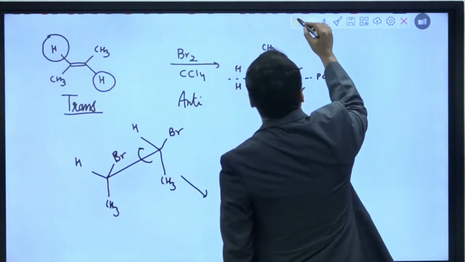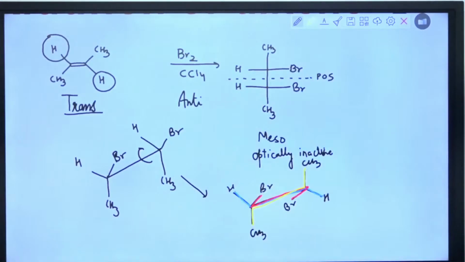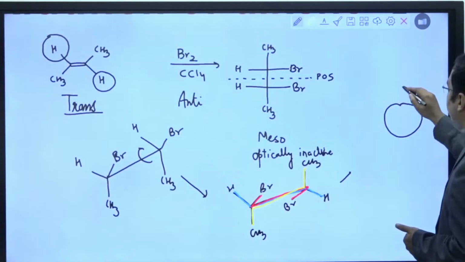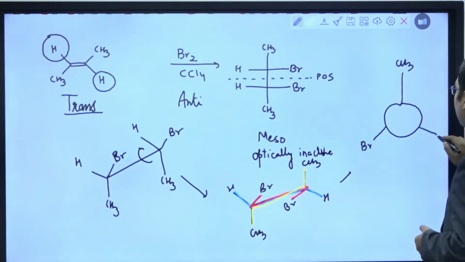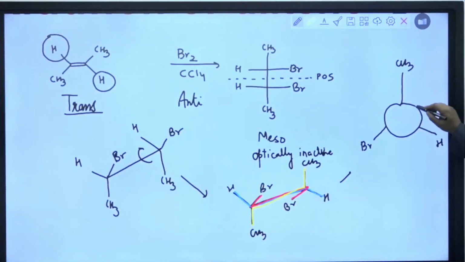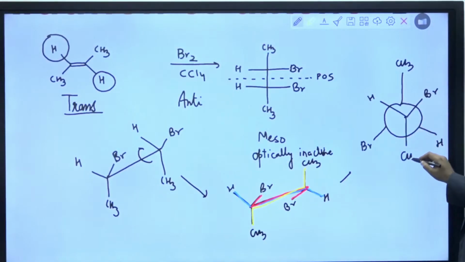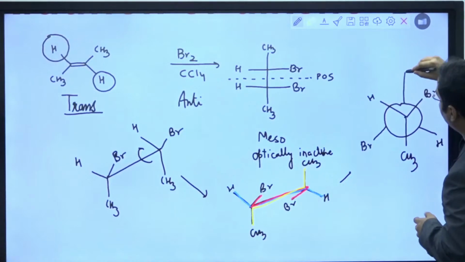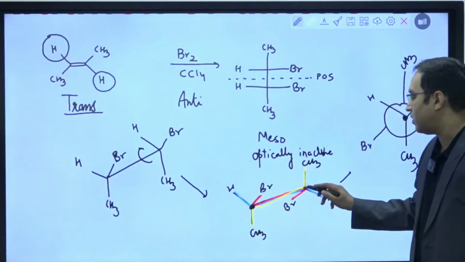If you have any doubt, please revise Fischer, Sawhorse, Newman projection. इसका Newman बना लेते हैं. Newman will be like this. CH3 at the back, Br this side, H this side, Br in the front, H here, CH3 at bottom. थोड़ा सा इसको और अच्छे से बना लो. ये कार्बन है. This is a carbon and this is a carbon.